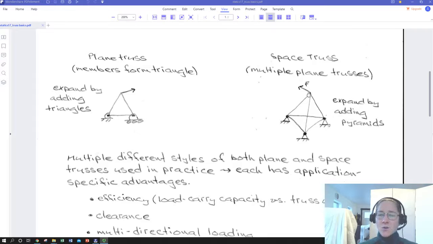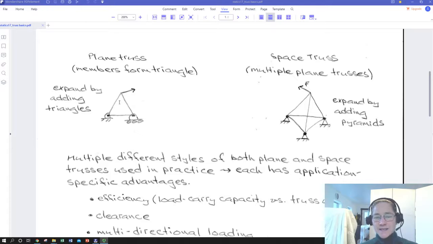Our 3D equivalent of that is a little pyramid, which is basically 4 triangles put together, and of course all of their connections would be, think of them as a ball and socket. And of course we're appropriately loading each of our trusses at a joint with an external force and supporting at the joints.